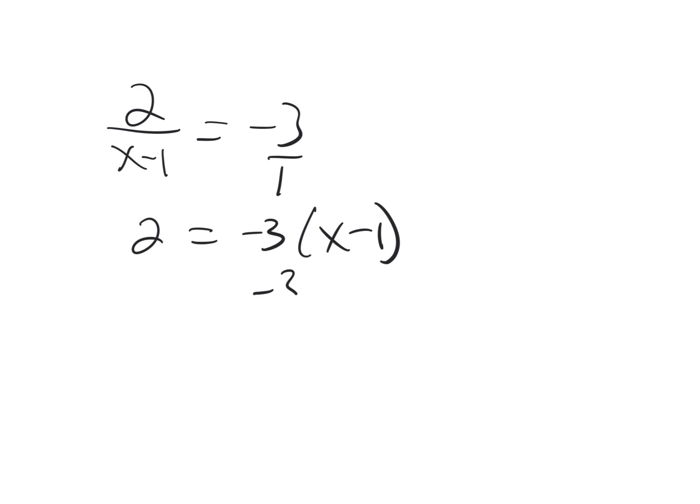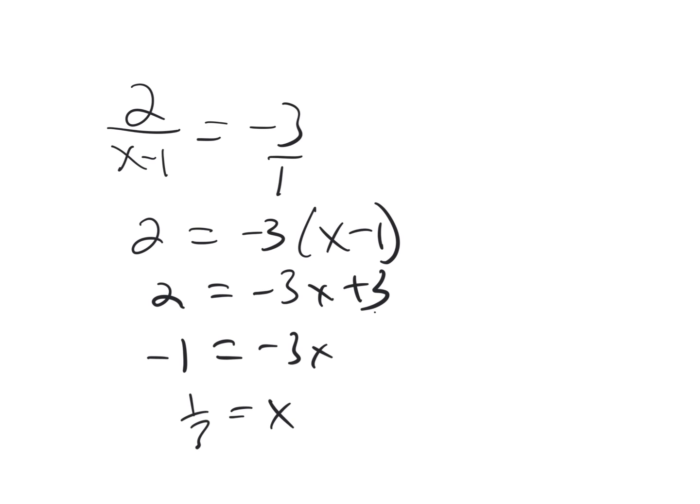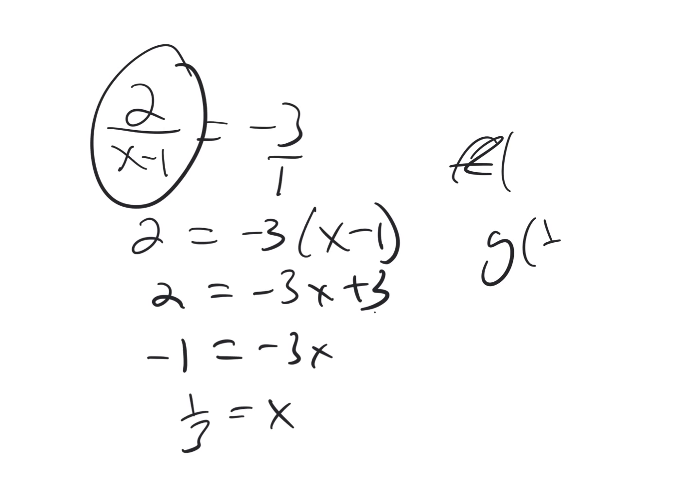I'll distribute that -3 through. Now I'll solve for x. I'm going to subtract 3 and divide by -3. So when x equals 1/3, g of 1/3 is actually equal to -3, and that wouldn't work.